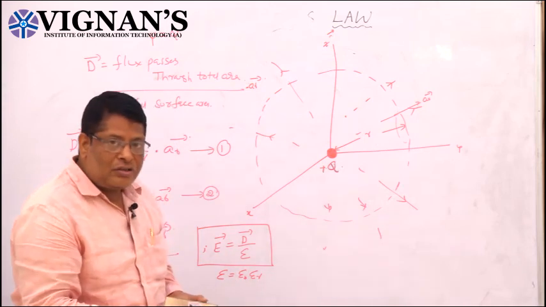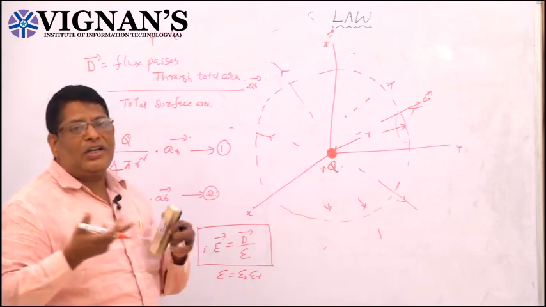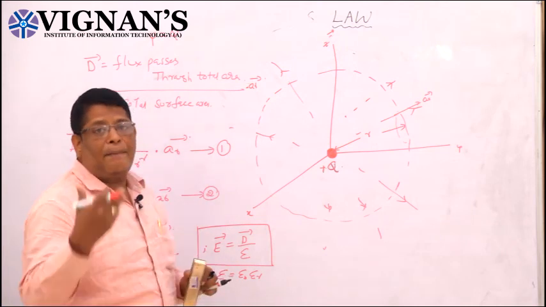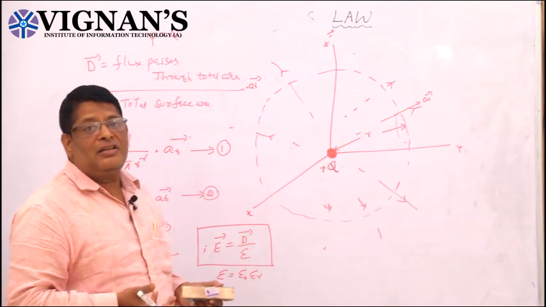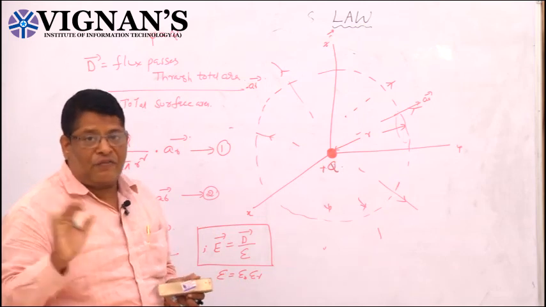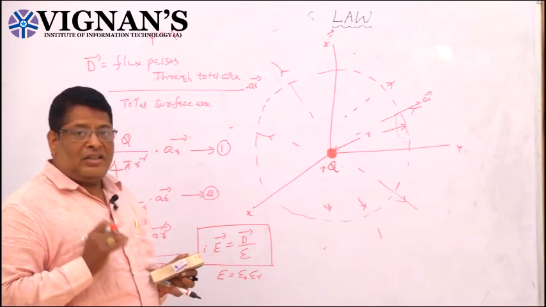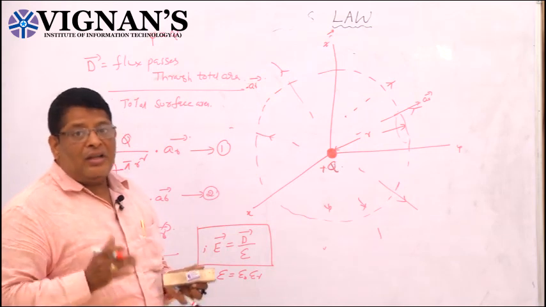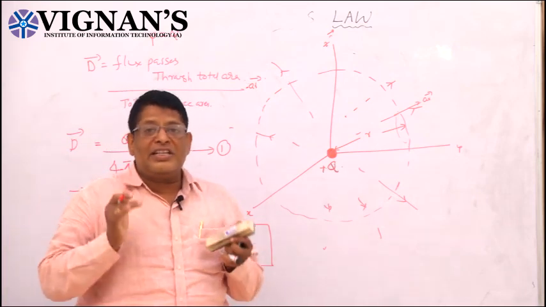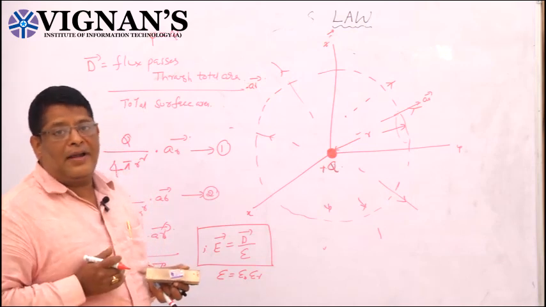Suppose you take a line charge, a surface charge, or a volume charge, whatever it is, the same relation can be used for any type of charge distribution in an electric field. Just revising: in an electric field, the relation between the electric field intensity and the flux density is E bar equals D bar by epsilon.